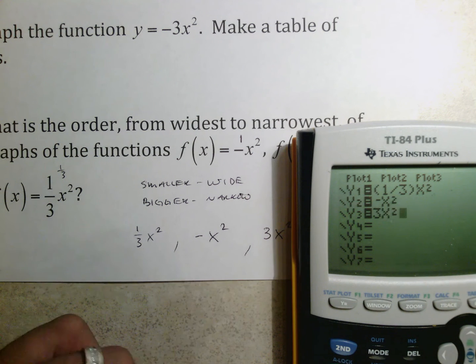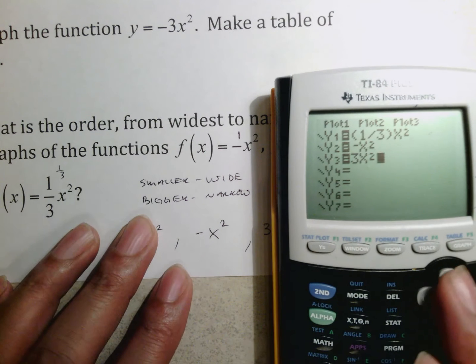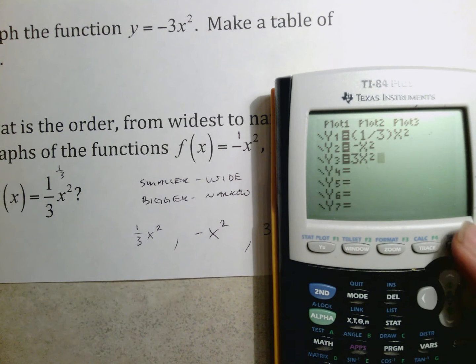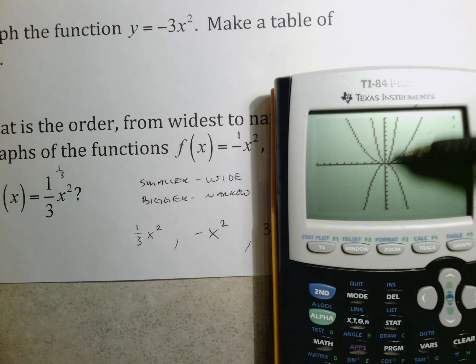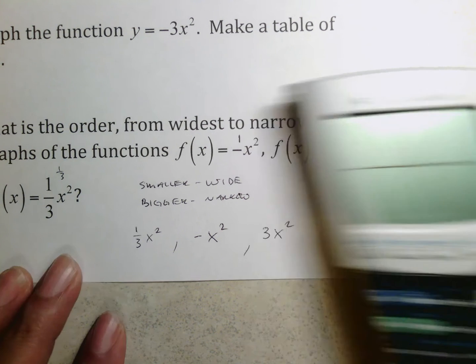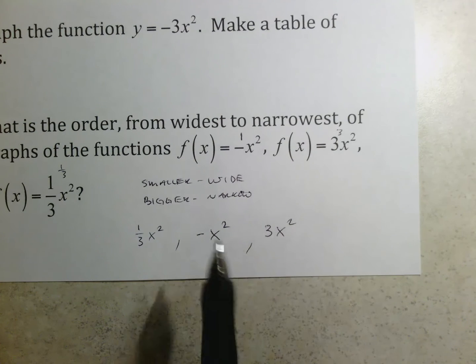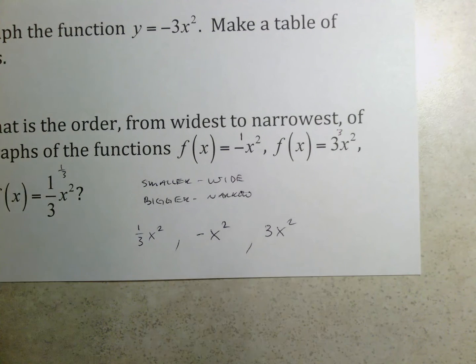And if we did this right, we should notice that each of these graphs get more and more narrow as we go. Let's see. That one seems to be pretty wide. This is definitely more narrow. And the third one is definitely more narrow than the second one. So that is the answer that you should have got, which is 1/3 x squared, negative x squared, and 3x squared as you work through those.